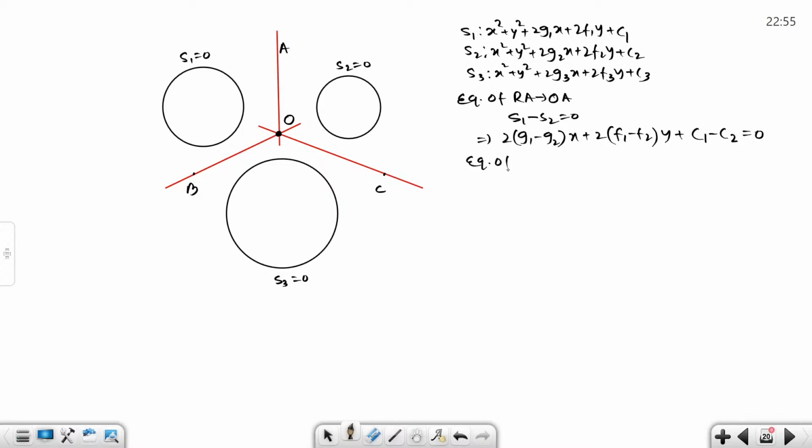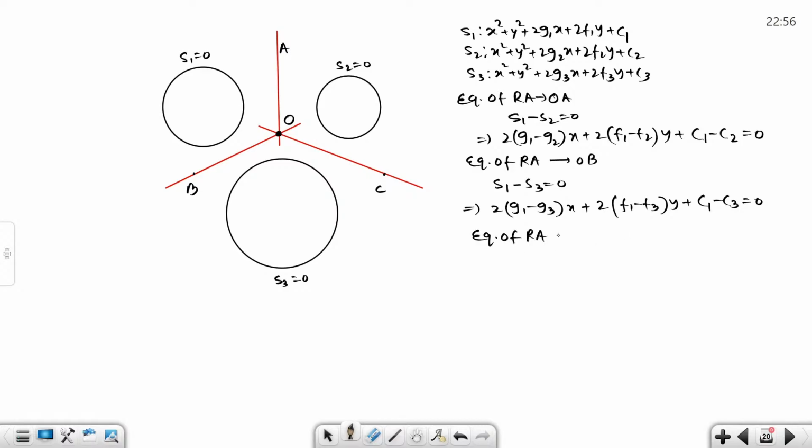What is the equation of the radical axis OB? So here we got S1 minus S3 equals to 0. So that gives us okay. And what is the equation of the radical axis OC?